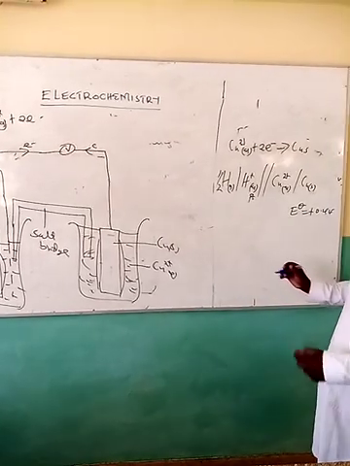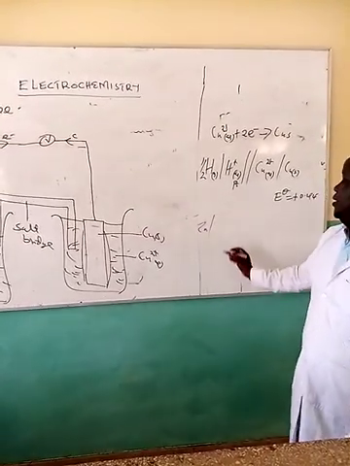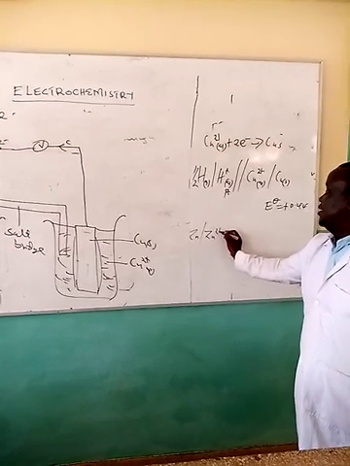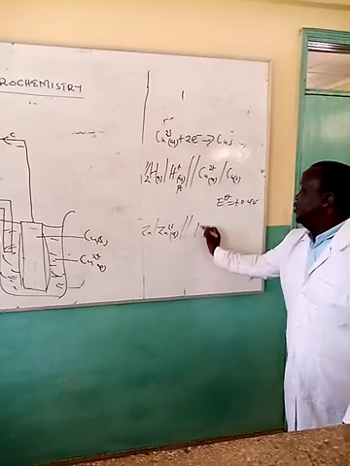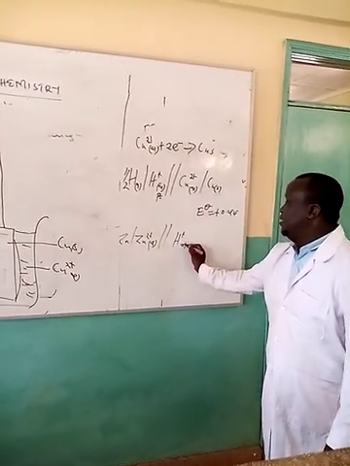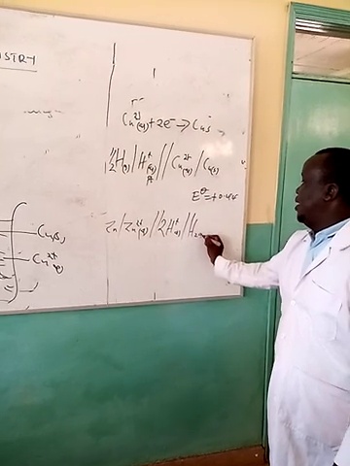Remember for zinc, we said zinc solid goes to solution, forms zinc ions in aqueous state, the salt bridge, and then we have hydrogen ions in aqueous state, two of them, to form hydrogen gas, like that.